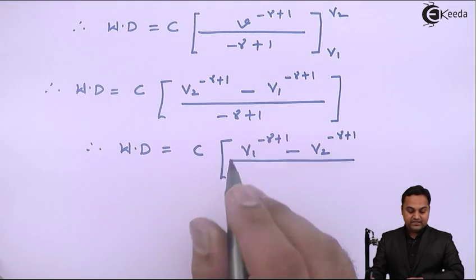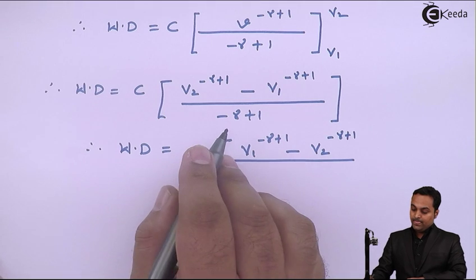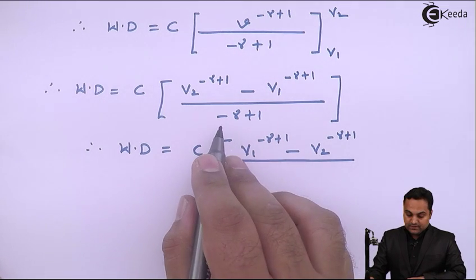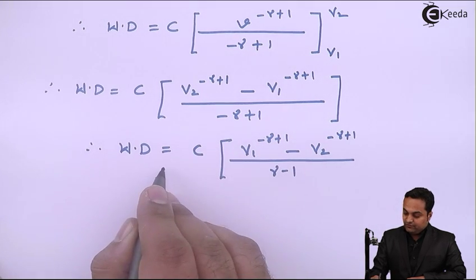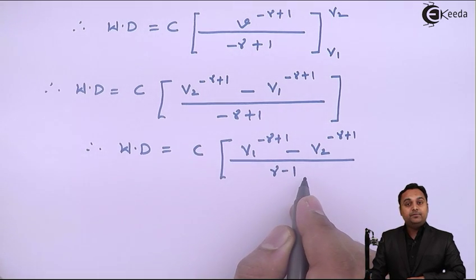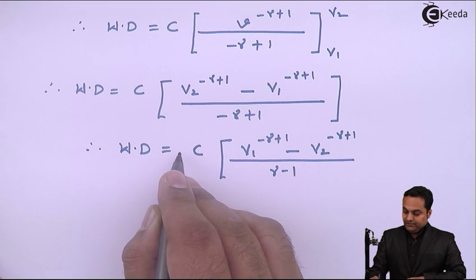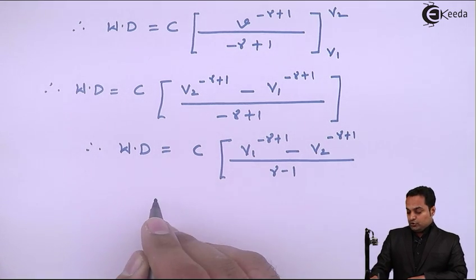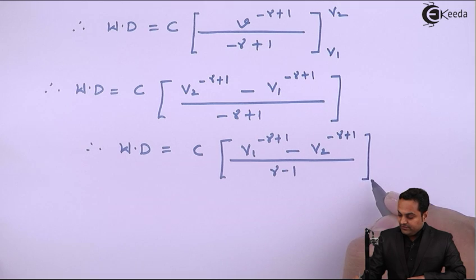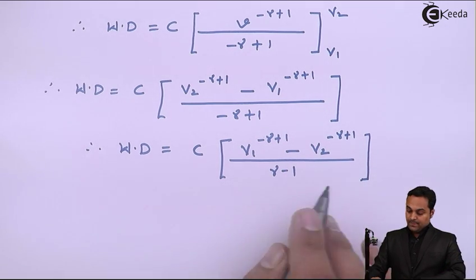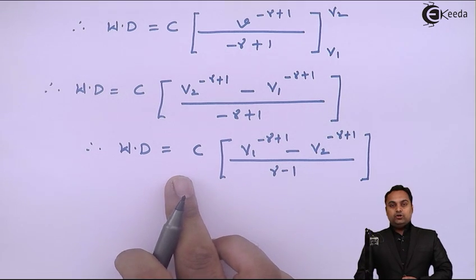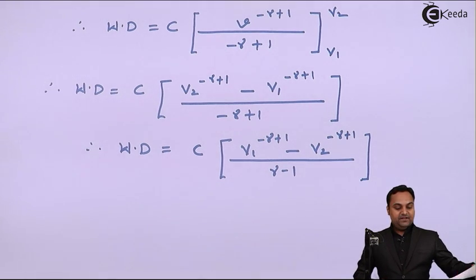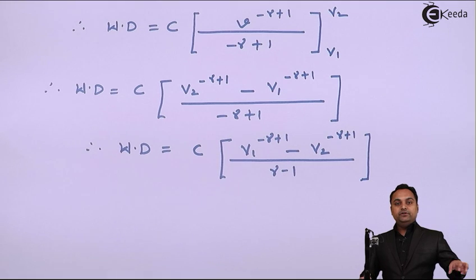Similarly the sign of the denominator will also change, and that will be gamma minus 1. So negative gets cancelled out, and I reach a step here. Now we know that this constant is nothing but P1 V1 raised to gamma is equal to P2 V2 raised to gamma. That is the governing law for adiabatic process.